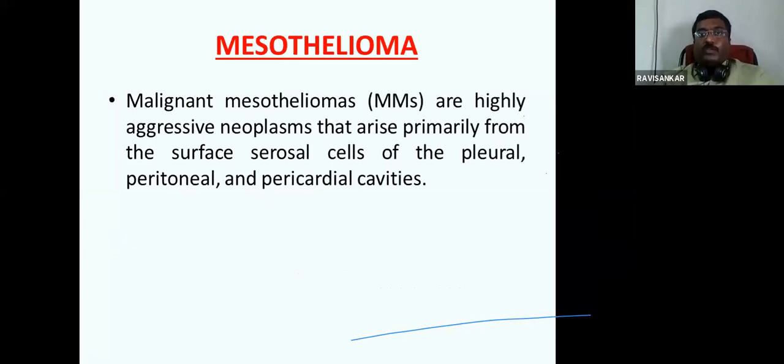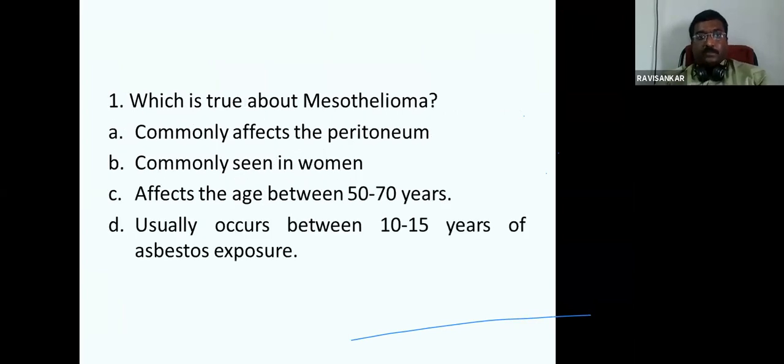Coming to mesothelioma, the last topic of it. Then I will take the lung cancers. So malignant mesotheliomas are highly aggressive neoplasms that arise from the pleura, peritoneal, pericardial cavities, or even from the tunica vaginalis. Which is true about mesothelioma.